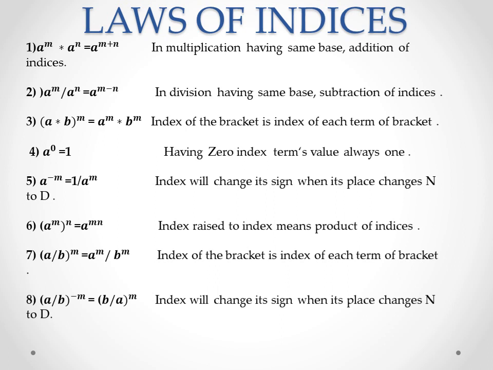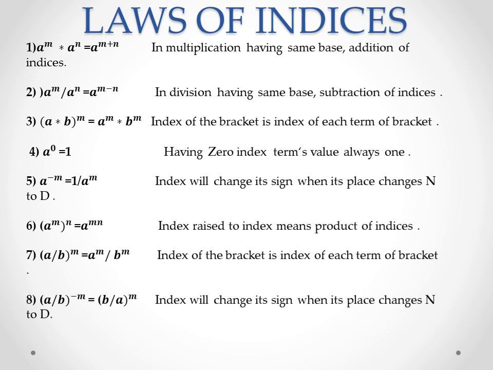What is it? First is a raised to m multiplied by a raised to n equal to a raised to m plus n. What is the meaning of that? In multiplication having the same base, because here a is the same base, we keep the same base a and take the addition of the indices.